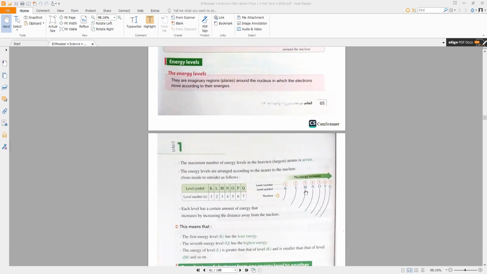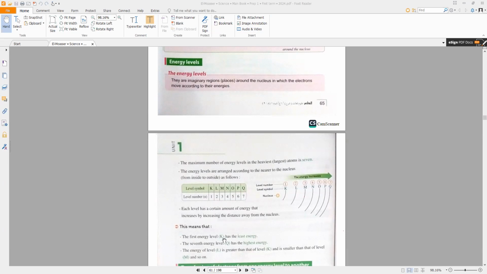The energy increases with increasing distance. So K is the lowest energy level, Q is the highest, and L has more energy than K and less than M.